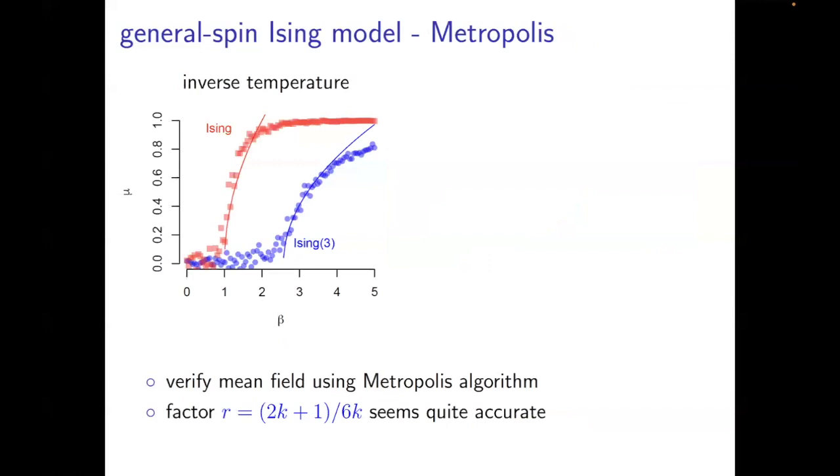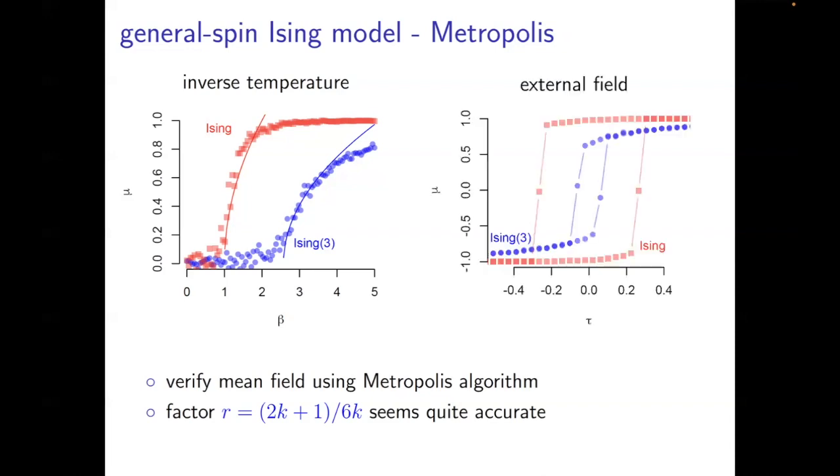And we checked it with the Metropolis algorithm to see if we could find the magnetization also corresponding to the ones that we get from the Landau mean field theory, and that seems to be the case also for the external field.